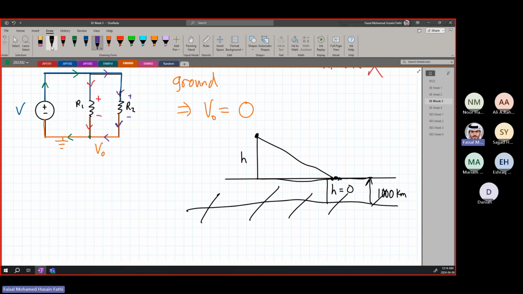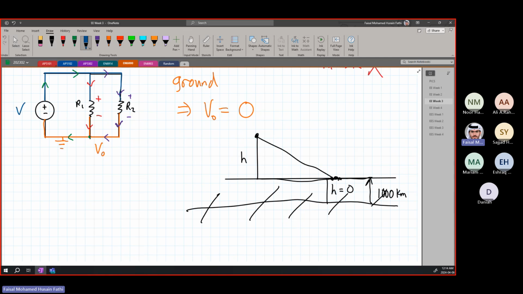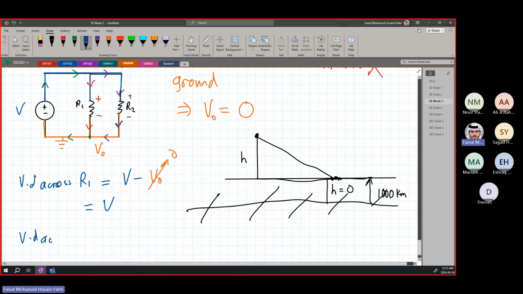If you remember what I said earlier, up here we have the blue part, it's V, right? So if we want to find the voltage drop across R1, it is equal to V minus V0. Because V0 is ground, it's equal to 0. So the voltage drop is simply equal to V. For R2, voltage drop across R2, again, same idea.